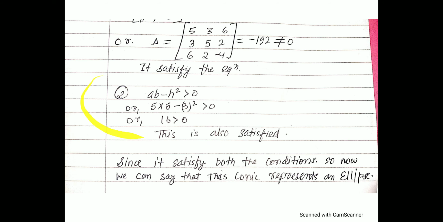Now the second condition is ab - h² must be greater than 0. Putting in the values and solving, we get 16, which is greater than 0. Then both conditions are satisfied, so we can conclude that the given conic represents an ellipse.